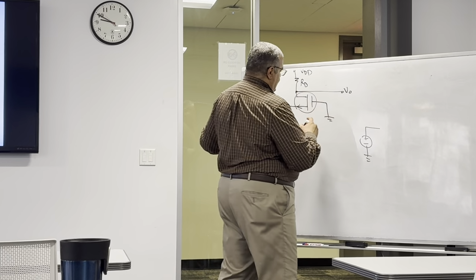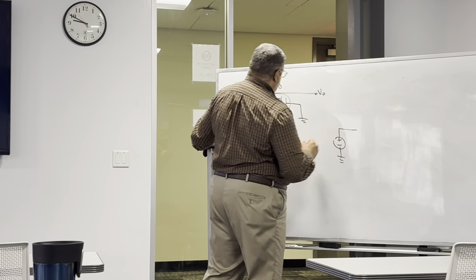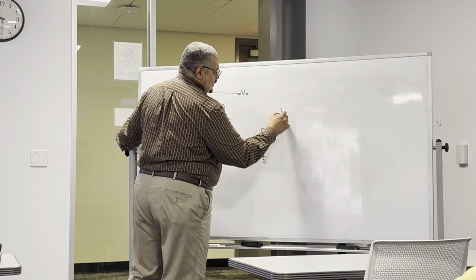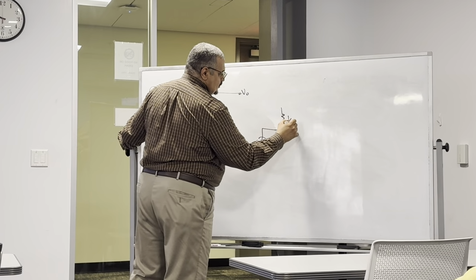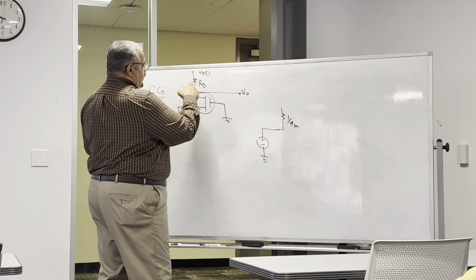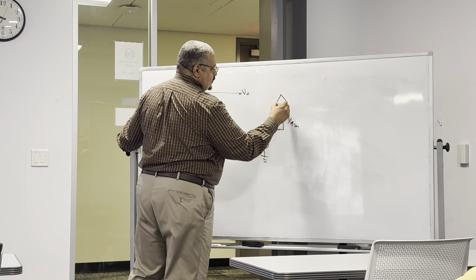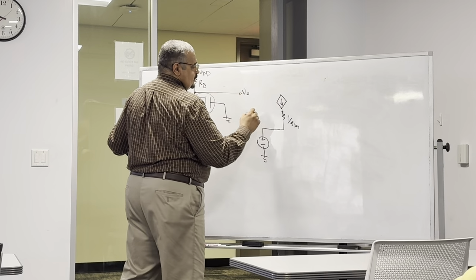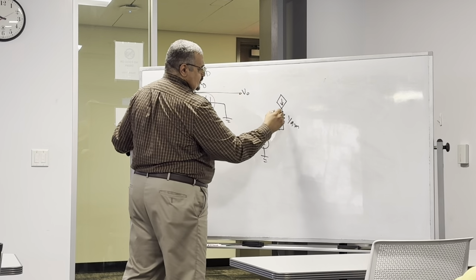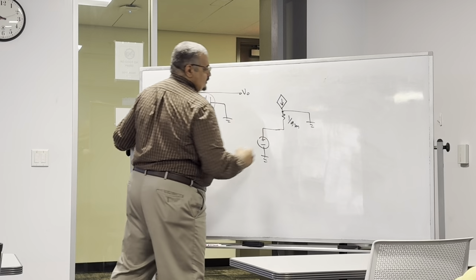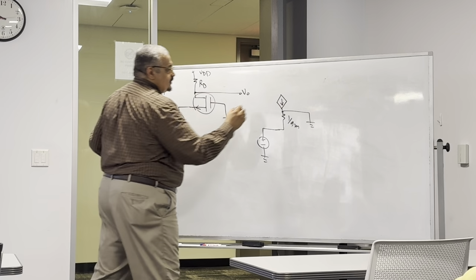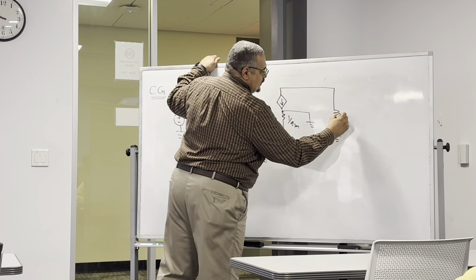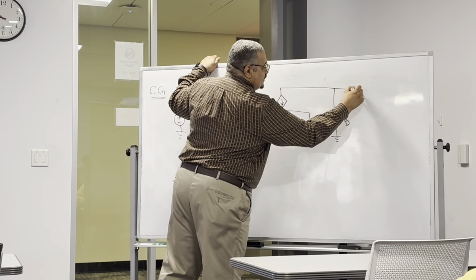And then you have 1 over gm here, so it's going to be like this. And then the current source, and then this is the gate, and it's shorted to the ground, and this one RD, and this is V.